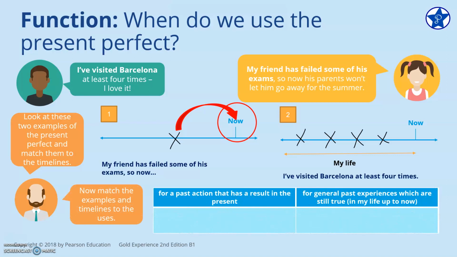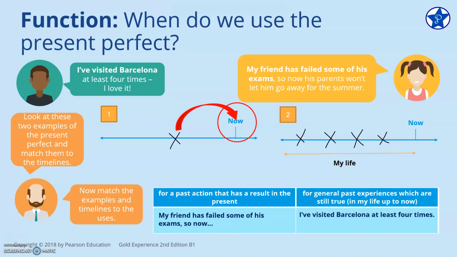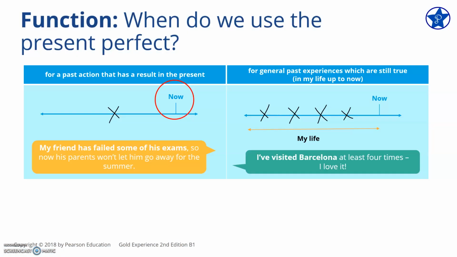Now match the examples and timelines to the uses. This sentence reflects that we use the present perfect simple for a past action that has a result in the present, whereas the other sentence shows us that we use the present perfect simple for general past experiences which are still true in my life up to now.